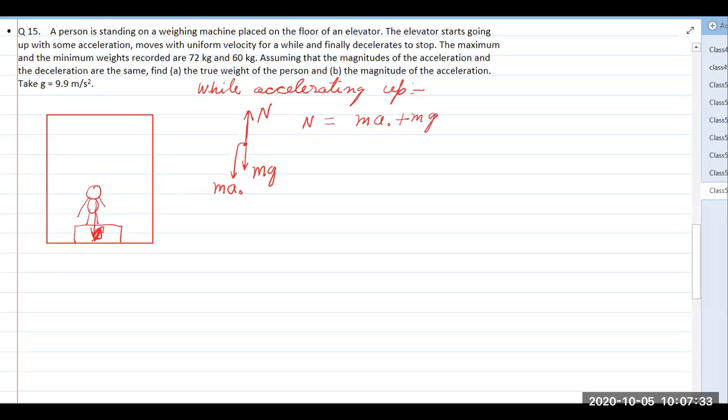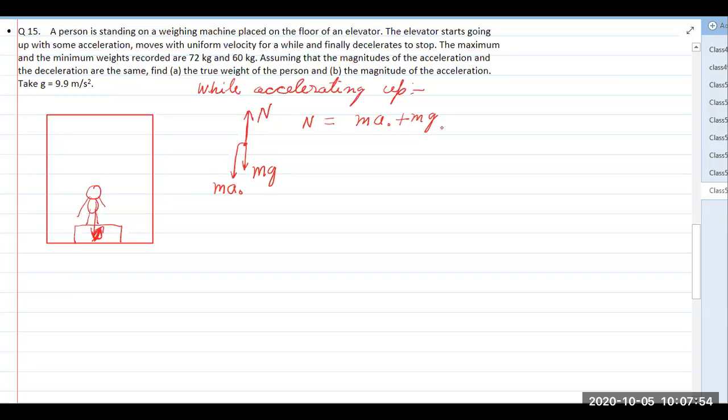And since it is accelerating uniformly with some acceleration, and we assume the magnitude of acceleration and deceleration are the same, we can assume constant acceleration.